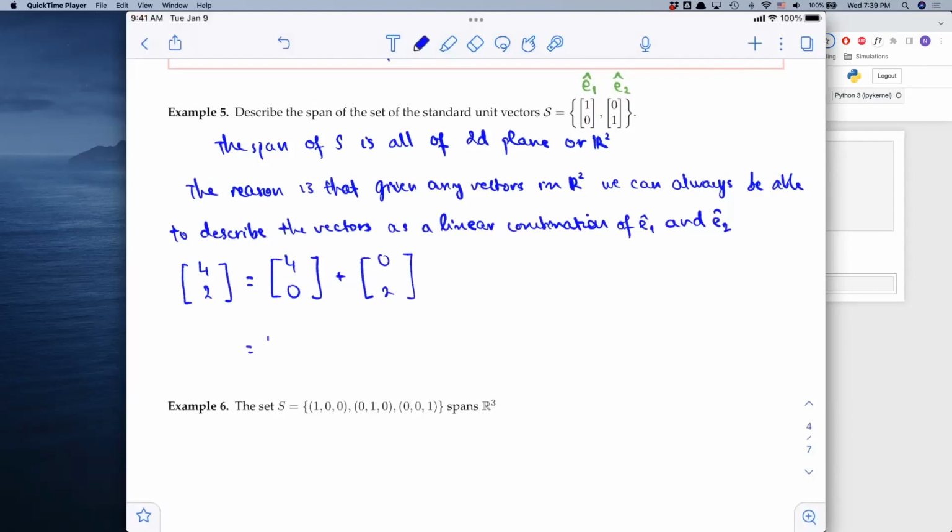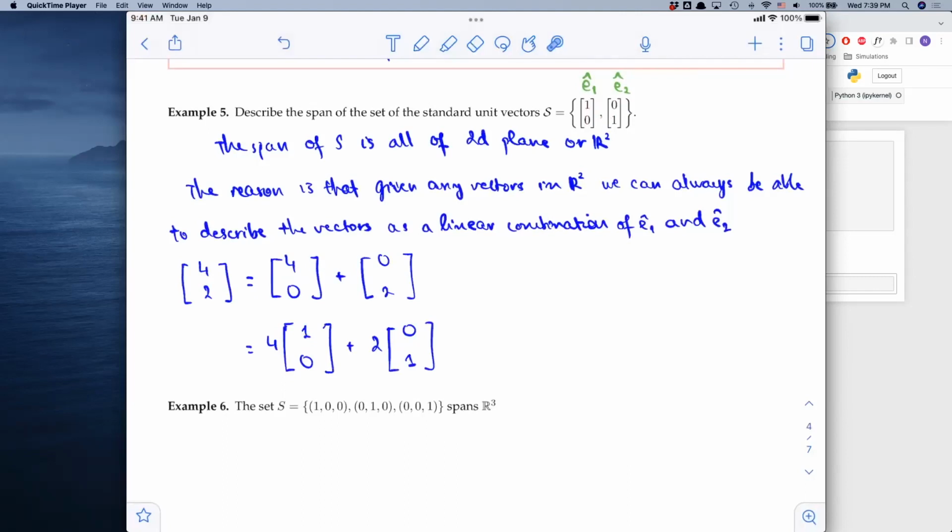Or rather, this is 4 times the vector 1, 0 plus 2 times the vector 0, 1. So this is 4 times E1 plus 2 times E2. Therefore, 4, 2 can be written as a linear combination of the standard unit vectors in the set S.